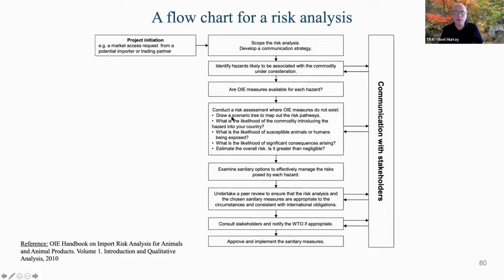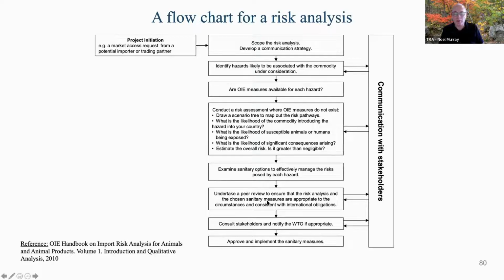And we're going to talk in the next session, Tim's going to lead the discussion there, on drawing scenario trees to map out risk pathways to help in our risk assessment steps. And we work through that, looking at the entry and exposure assessment, consequence assessment, to come to an overall conclusion in our risk estimation step. If it's greater than negligible, then we can explore sanitary options to effectively mitigate risk.